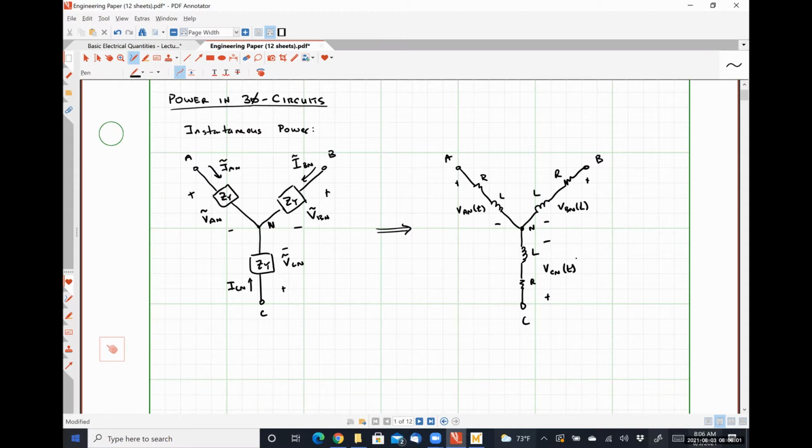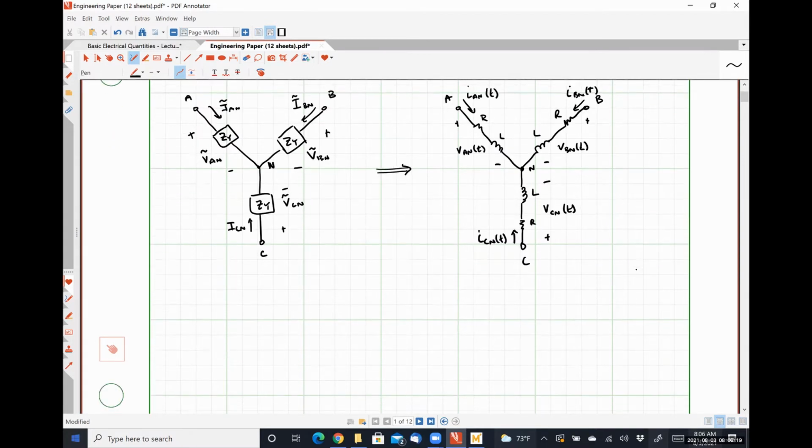So I have some time domain voltage signals, and then obviously some time domain current signals as well, where our time domain signals will be something like this.